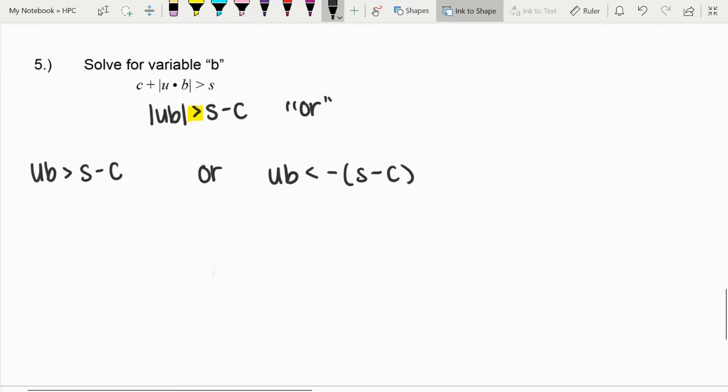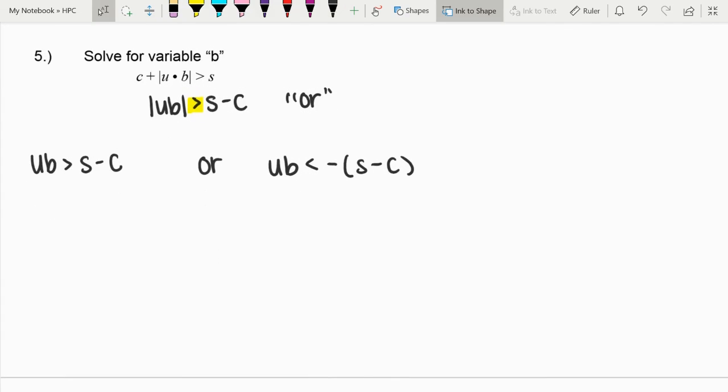Okay, then we can go ahead and solve both of these. So if I'm solving for b, I'm going to divide by u. So I have b is greater than s minus c divided by u. Okay, and then on the right-hand side, I am going to distribute that negative. So I have ub is less than negative s plus c, and then divide by u.